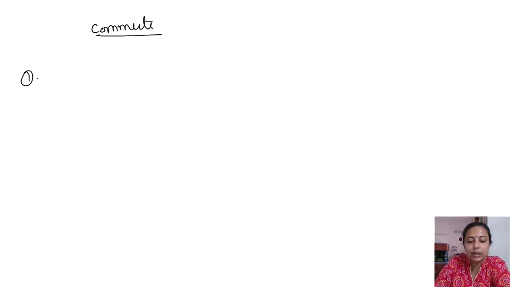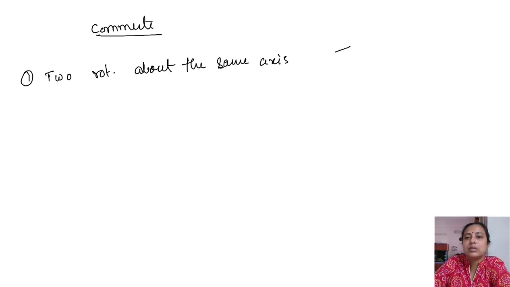Two rotations about the same axis. Yesterday we discussed benzene. Benzene has a C6 axis and that is generating a C3 and a C2.